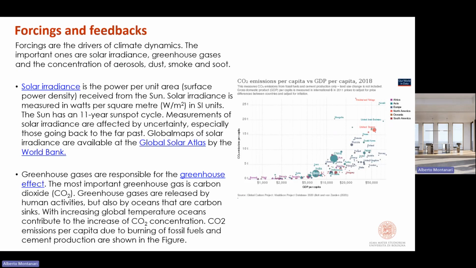Okay, now it's important to try to understand a little better what the forcings of this climate system are and what the feedbacks are. It's important to gain some understanding of how the climate system works, because this allows you to be more confident or less confident in the predictions.